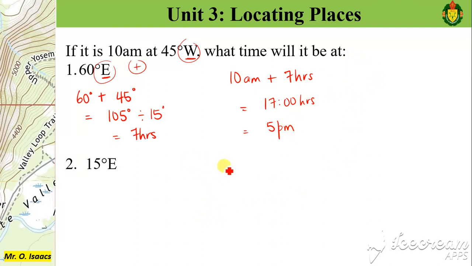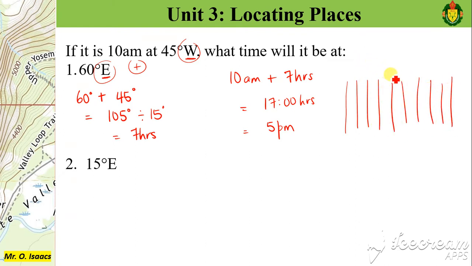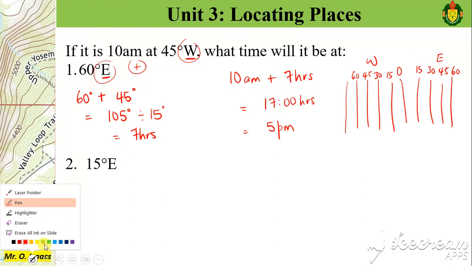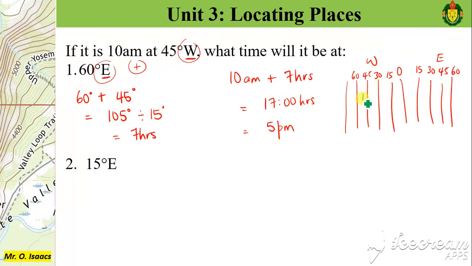And also if we draw up our line diagram, let's draw as many as we can. So we have 0, we have 15, 30, 45, and then 60, and this is the eastern hemisphere. We have 15, 30, 45, 60, and that's the western hemisphere, and we are given 45 degrees west, which is at 10 a.m. So we're going towards the east, so we're going to add time.